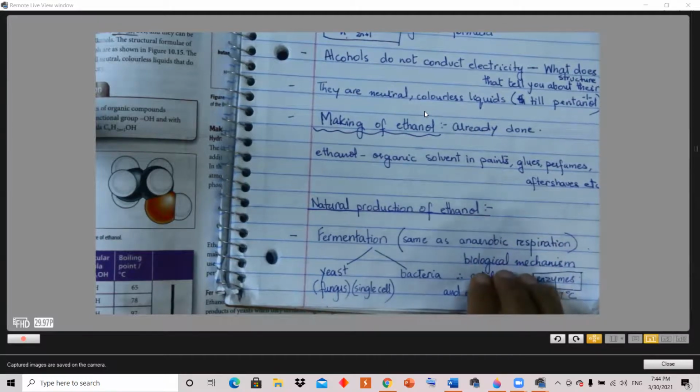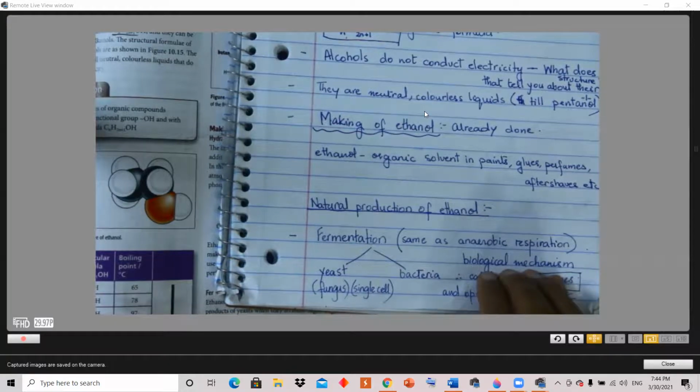So in a biological setup, the catalysts are enzymes. And what sort of molecule are enzymes? Proteins. Good job. And they are sensitive to high temperature, and pH as well.